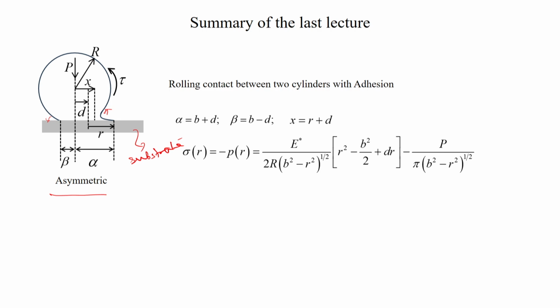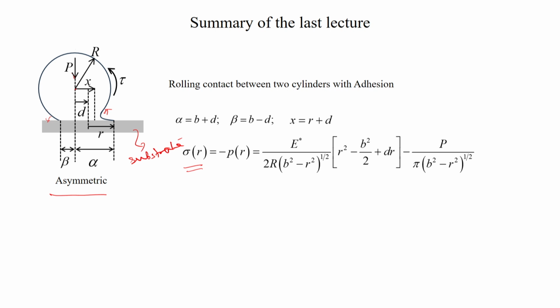Now, there is some amount of torque that needs to be applied in order to roll this cylinder on this surface, and this is the distribution, the normal stress as a function of r. Remember, the cylinder center is here at the center line, and the pressure is applied along this line.